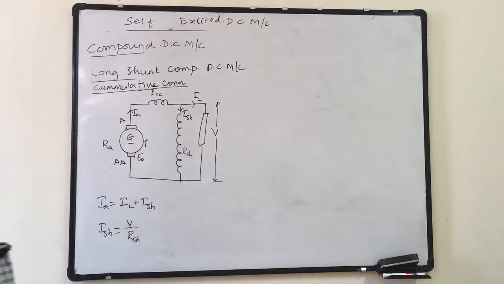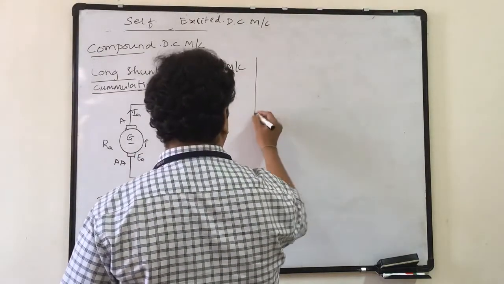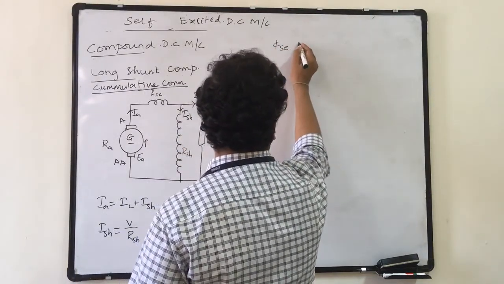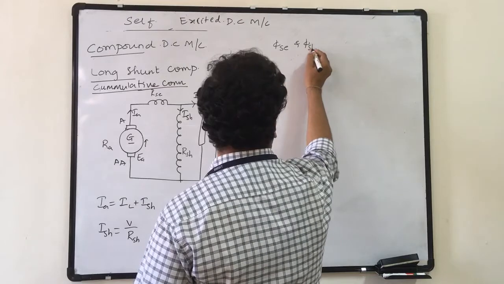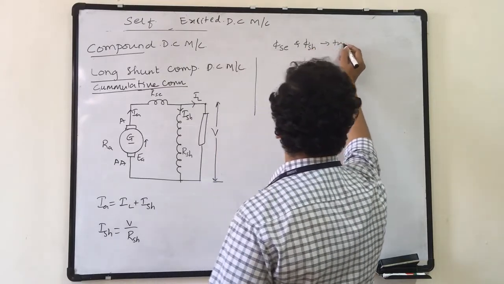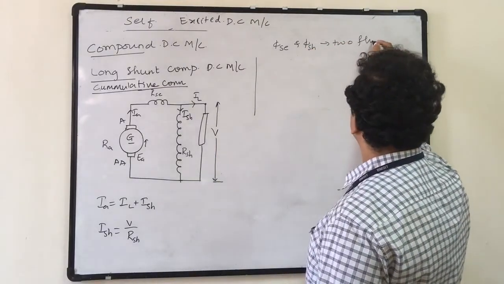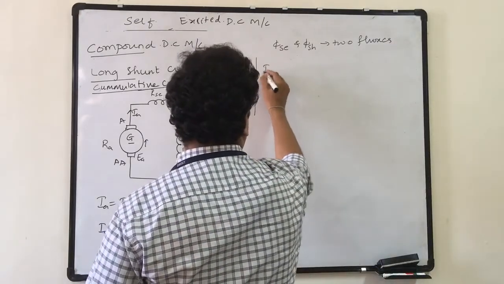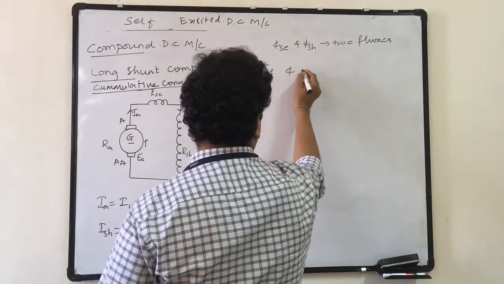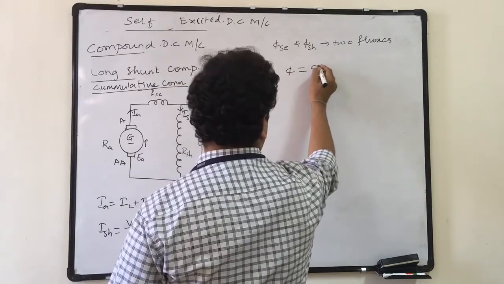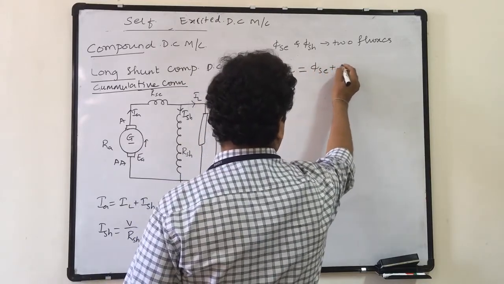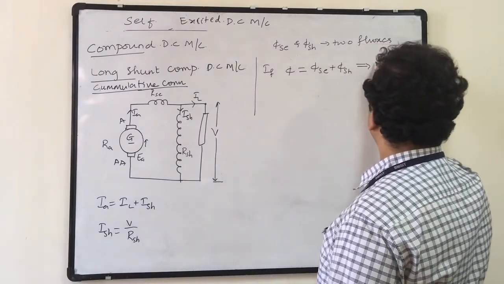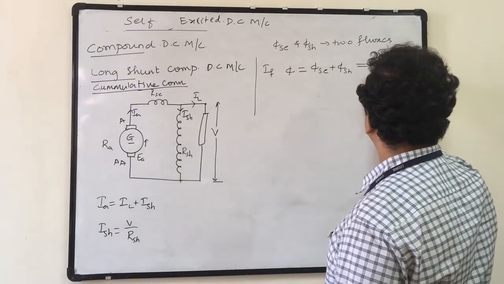There are two field coils, so I have two fluxes, phi SC and phi SH. If the total flux phi is equal to phi SC plus phi SH, then it is a cumulative connection.